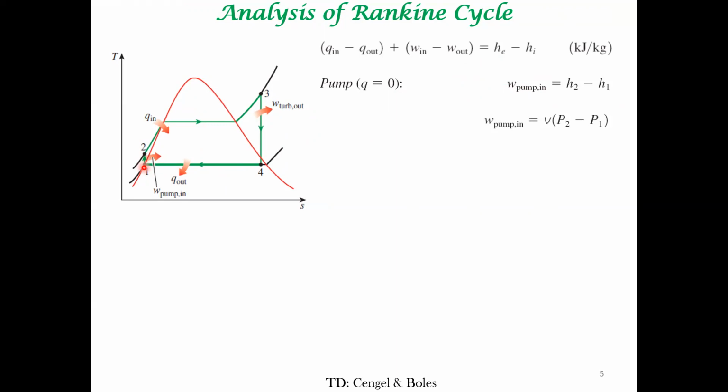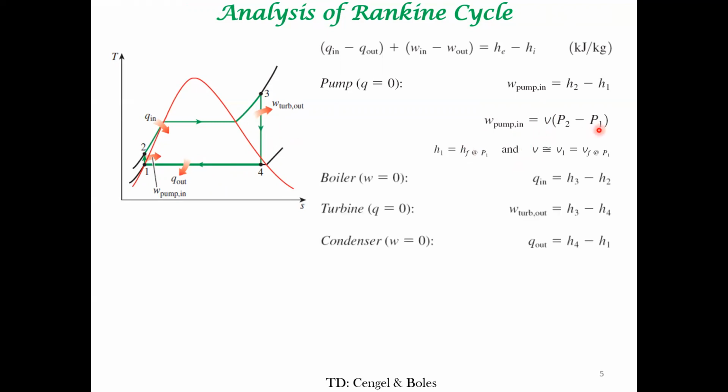And that can be expressed in a more quantitative manner using the specific volume, and you approximate the specific volume to be at this point. Okay, so that's an approximation, times the pressure change.